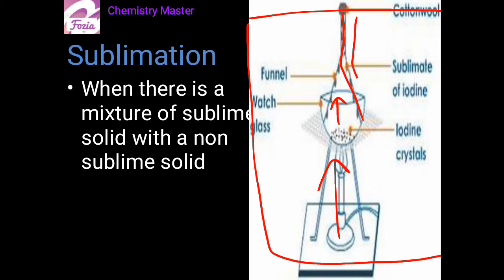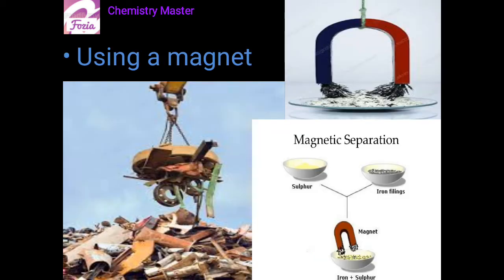As there is a wet cooling surface, they will solidify, and we can scratch those crystals off after heating. So sublimation is another way to separate solids which are sublimes.